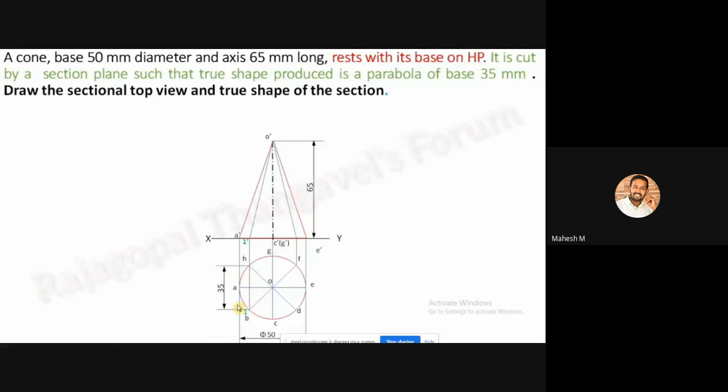So you have to project this 35 mm base up to your front view. Okay, so if you are projecting that, you'll be getting a point with the name of 1 dash. So here we got the point. So this one is our point.